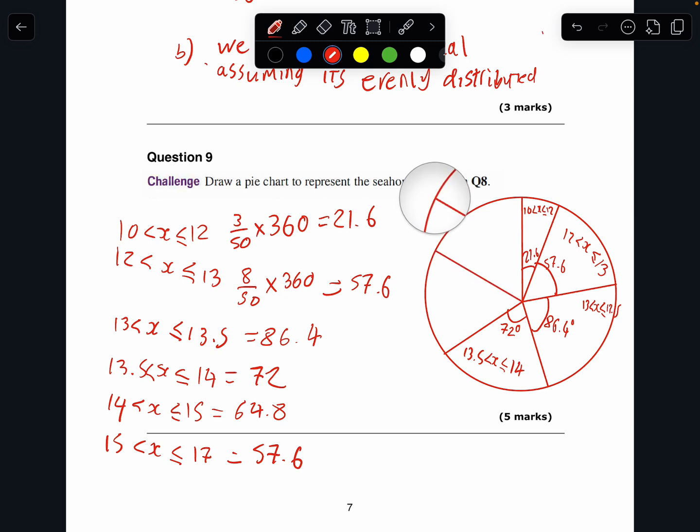Okay, like that. 64.8, and that's the 14 to 15 section. And then this one here is the 57.6 again, which is the 15 to 17 section.